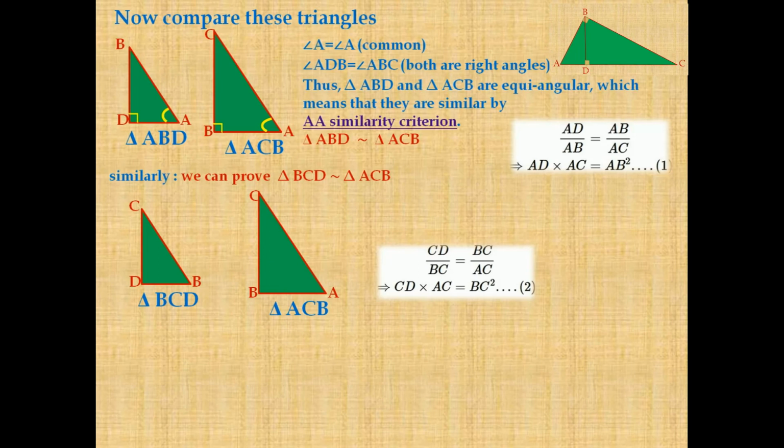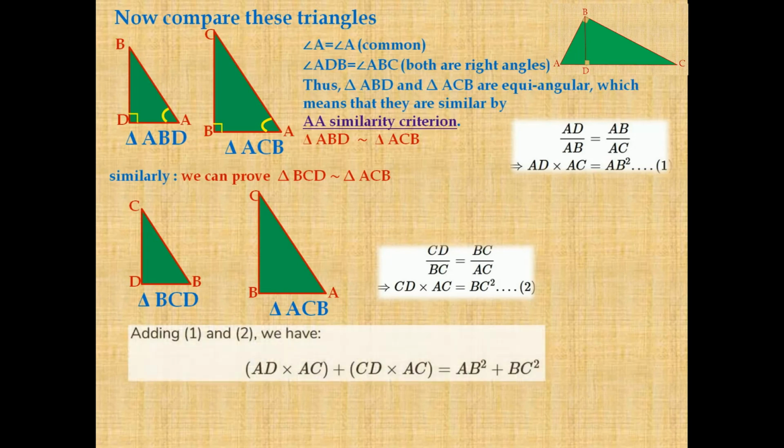Now, adding 1 and 2, observe carefully. What is 1? AD into AC equal to AB square, and the second one is CD into AC is equal to BC square. If we add these two, what do we get?